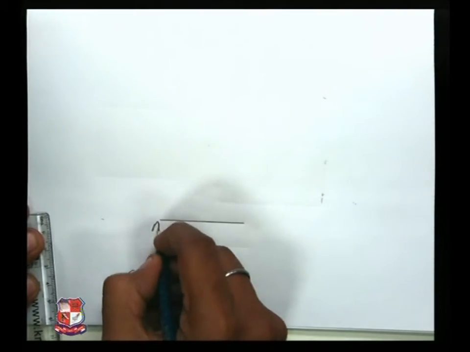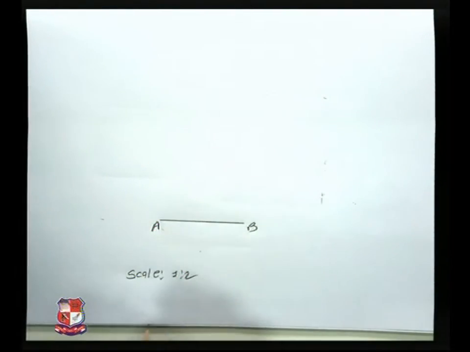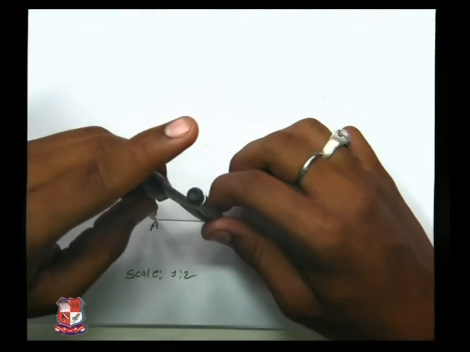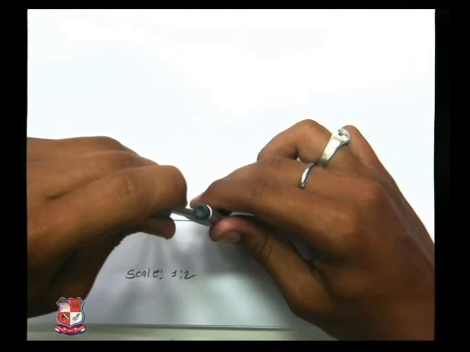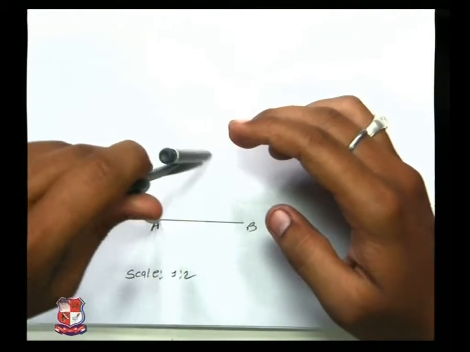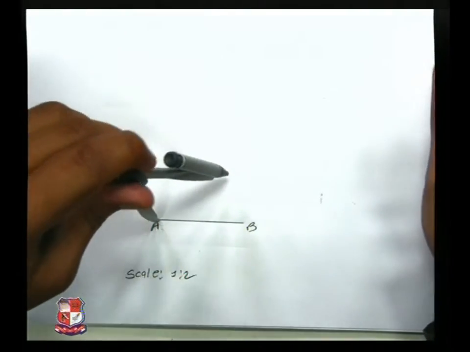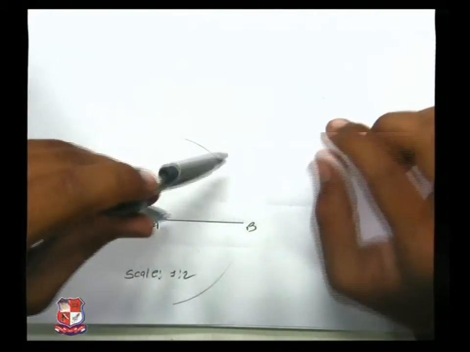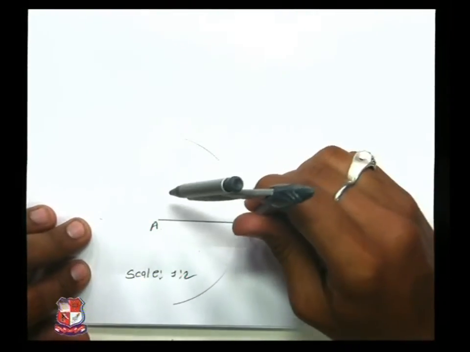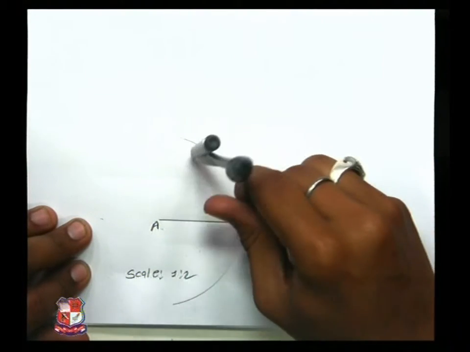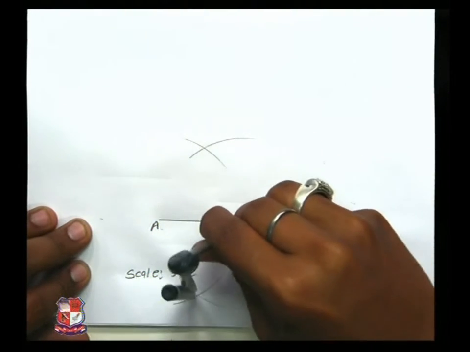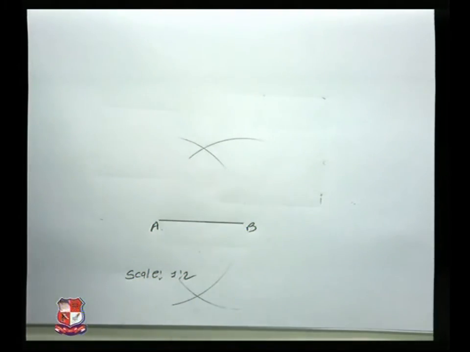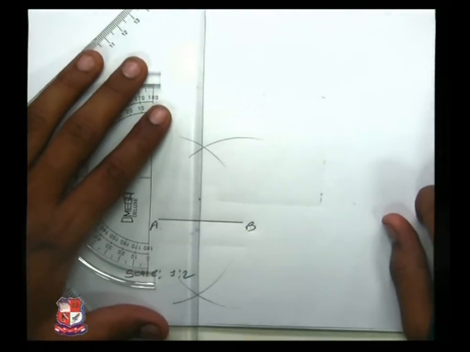Let's name this line as line AB. I have taken the bisector of line AB: A as center, AB as radius, arcs on both sides; B as center, AB as radius, intersecting arcs on both sides. Join both these arcs with the center line.